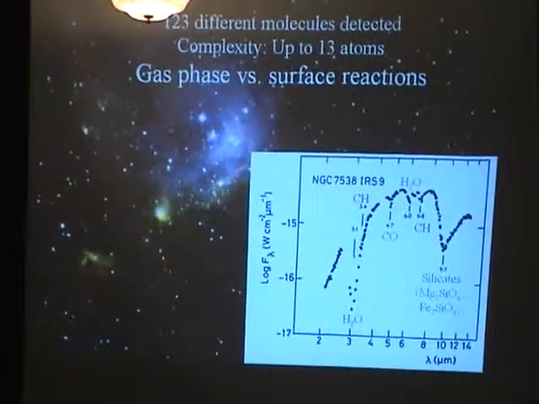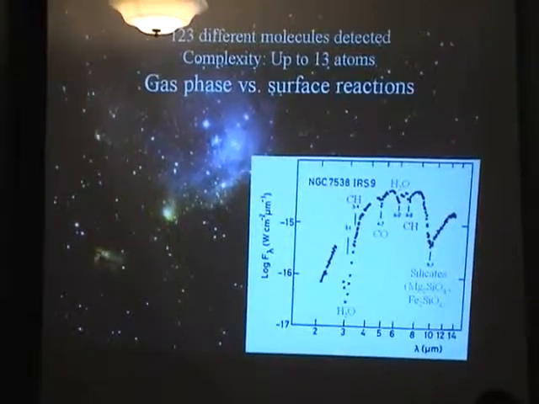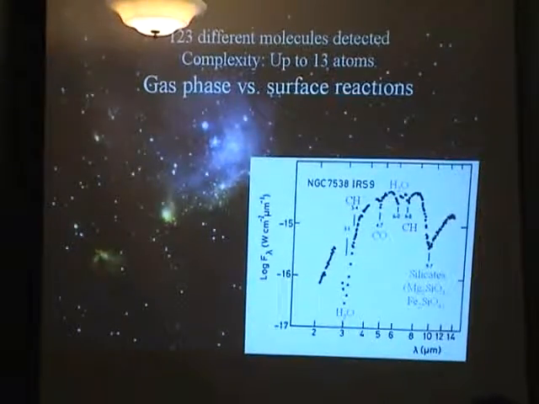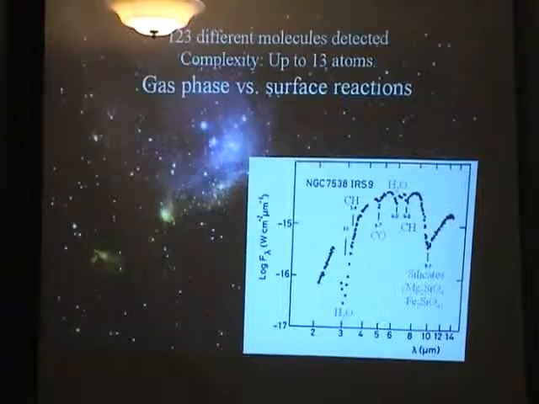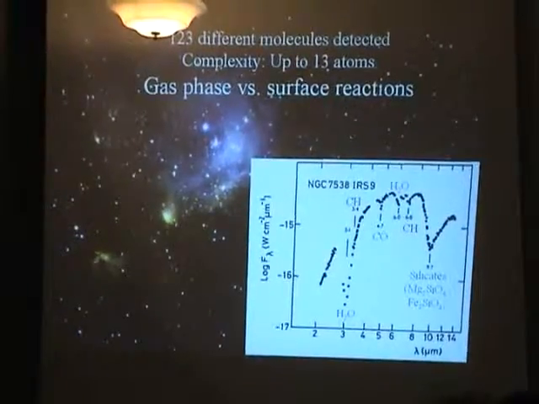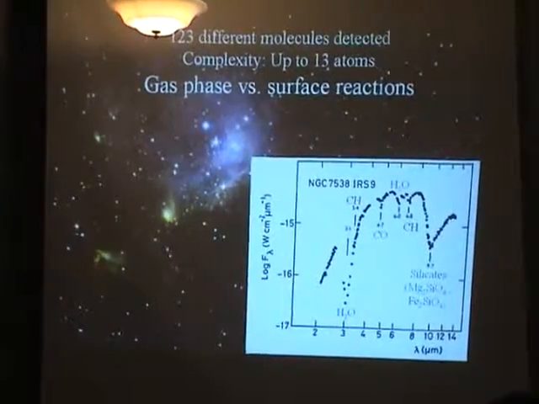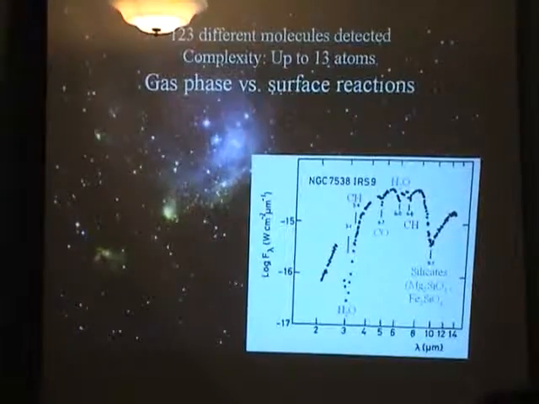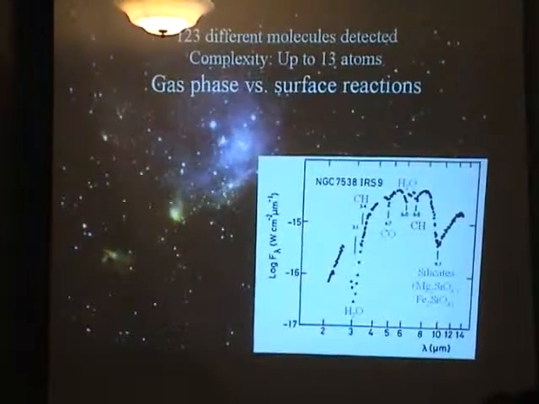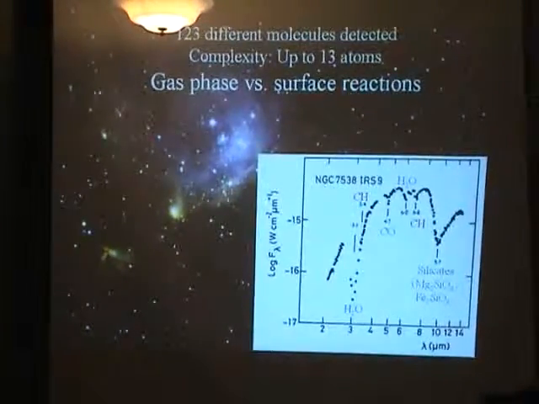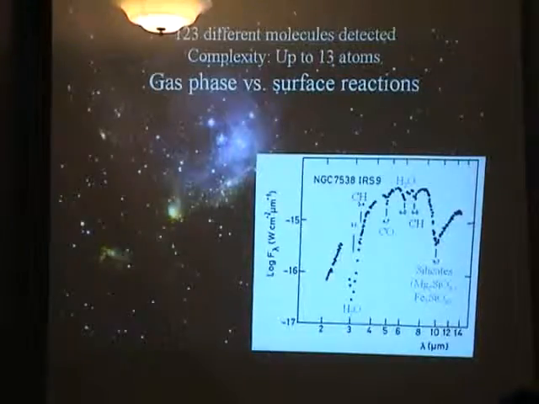As most of you probably know, 123 different molecules have been detected in the interstellar medium or in meteorites, and their complexity ranges up to molecules containing 13 atoms. Now, for a number of these molecules, efficient gas phase formation routes are well known, whereas for other molecules, and also for some of the very important ones, no such efficient gas phase routes are known, and it's been suggested that these molecules are then formed on the surface of interstellar dust grains.